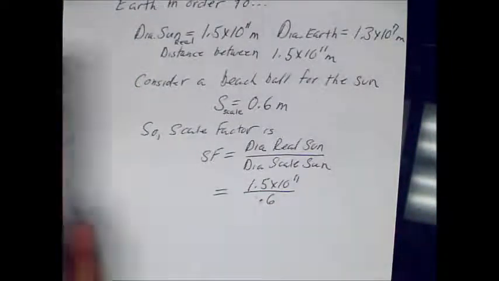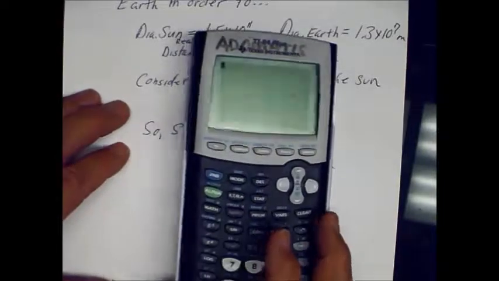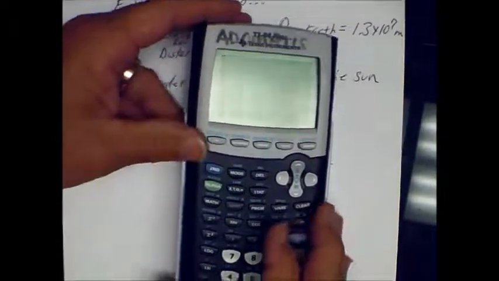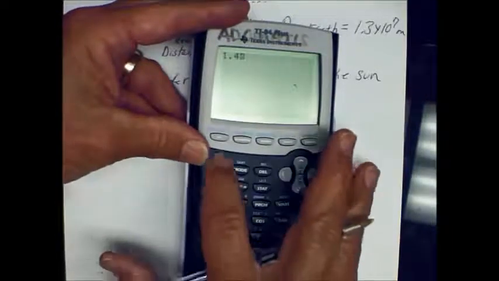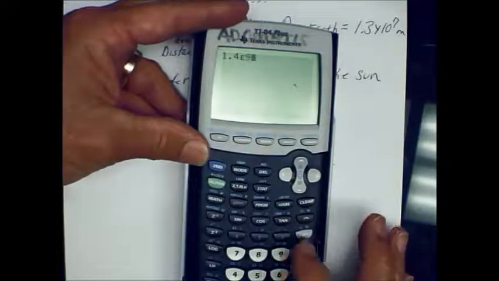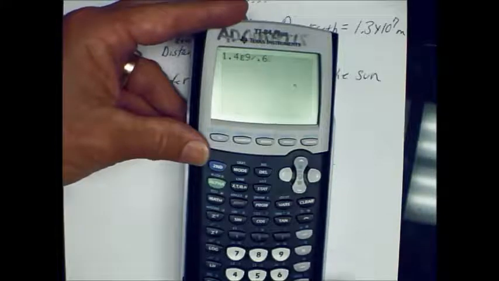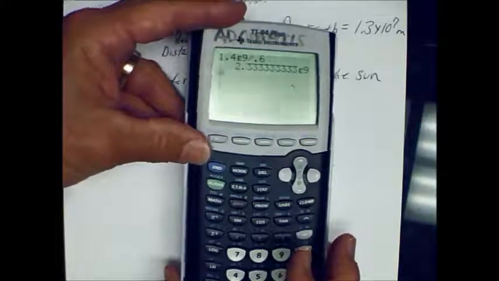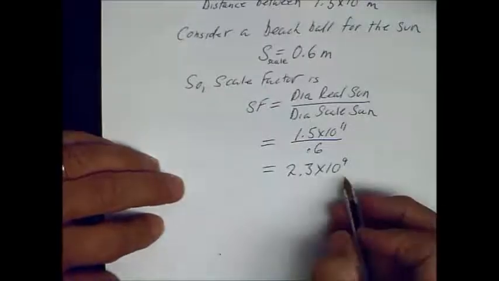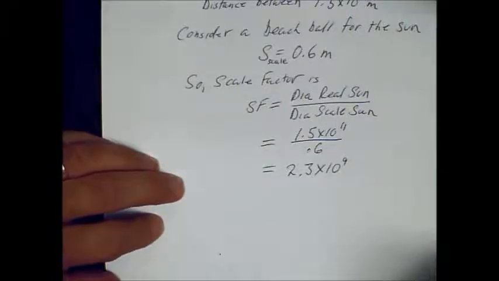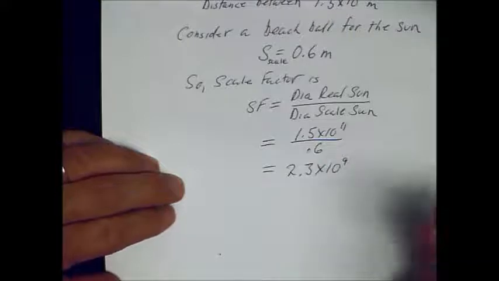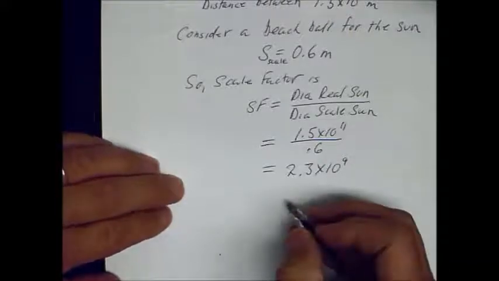Okay, so now you're going to need your calculator. So it is 1.5 e to the 11 divided by 0.6. Enter. The scale factor is 2.5 times 10 to the 11. That's a really big scale factor, and that's what we should expect: big scale factors.